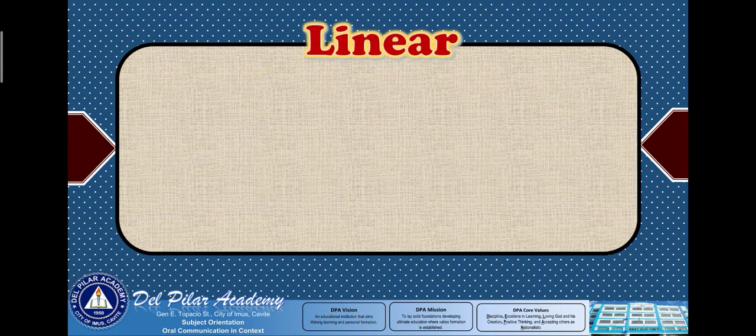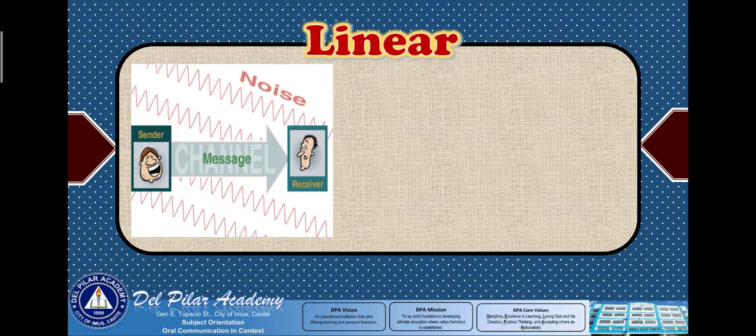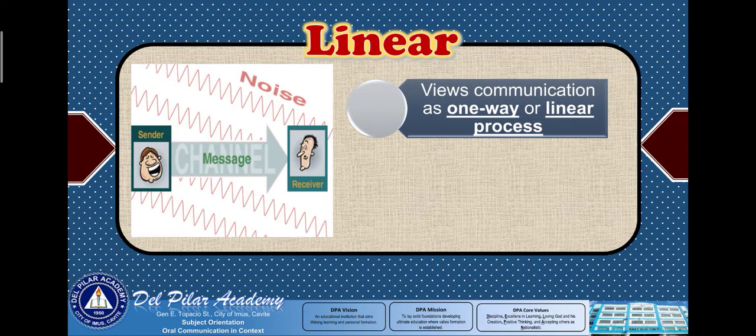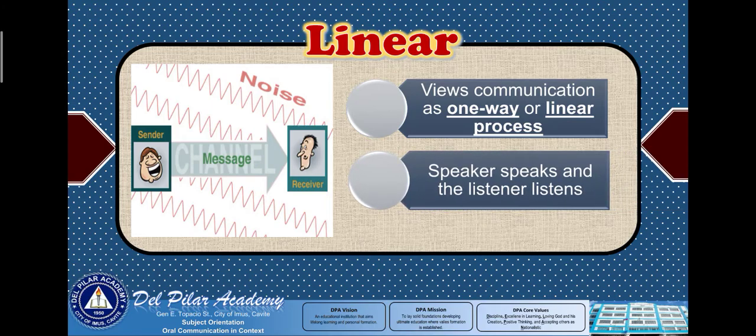First, let us know what is linear. The linear model views communication as a one-way or linear process in which the speaker speaks and the listener listens. In this model, the sender is the only one who sends the message and the receiver only receives the message.